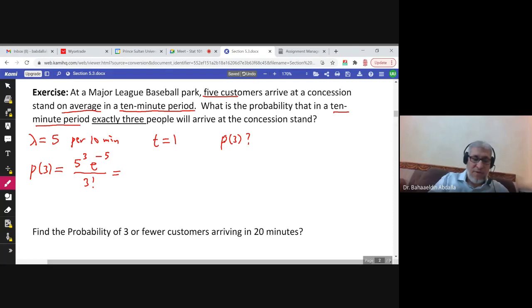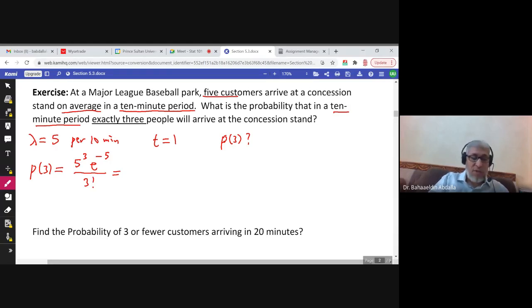You can write 5 to the power 3 times e to the power negative 5, over 3 factorial.